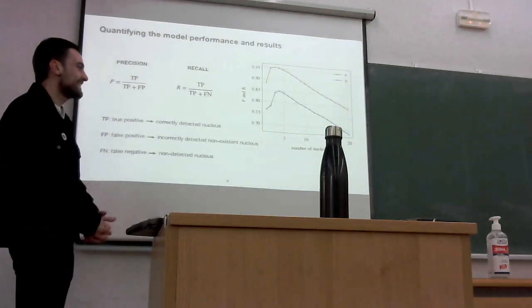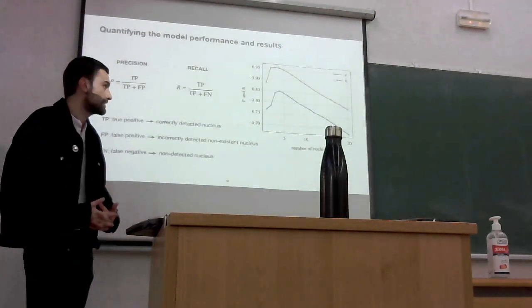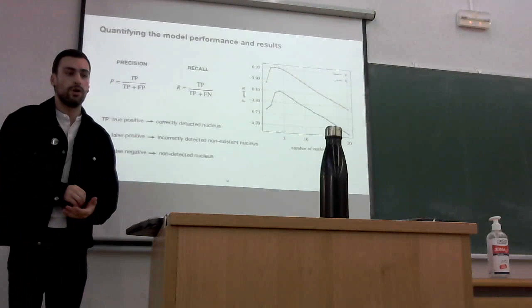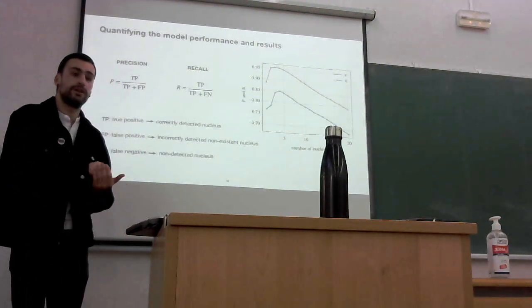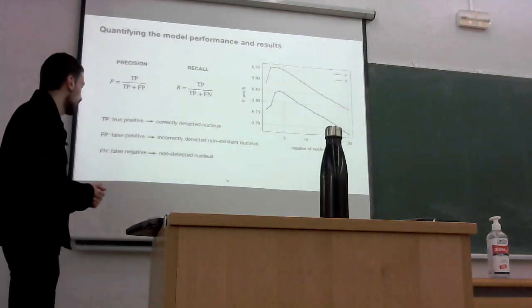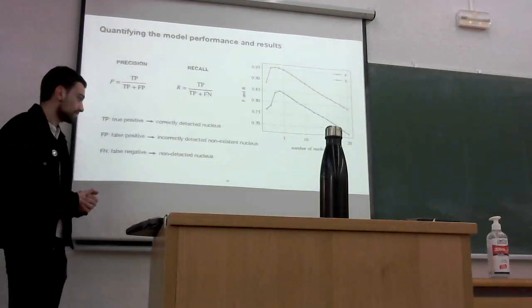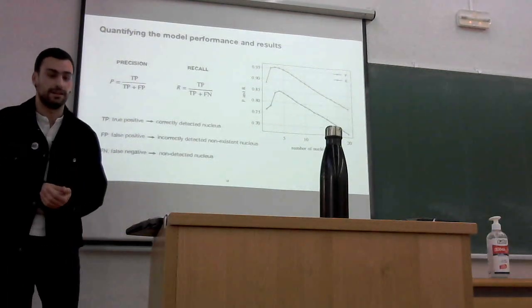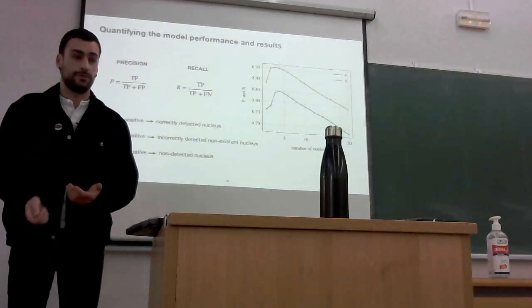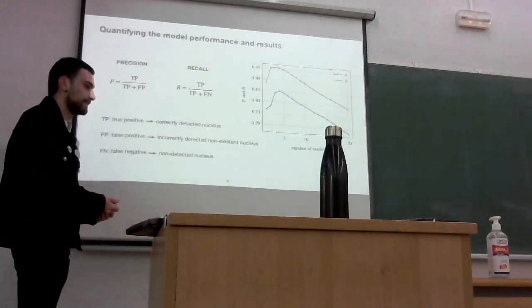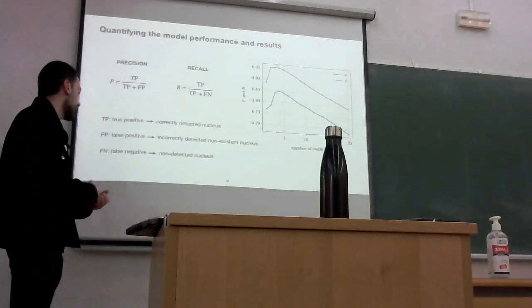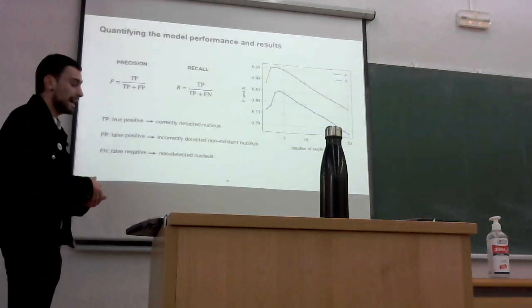So these are the first two metrics, precision and recall, and this is based purely on the number of nuclei detected. We consider a true positive as a detected nucleus, a false positive as a detected nucleus that should not be there because it is not in the original signal, and a false negative as a non-detected nucleus.